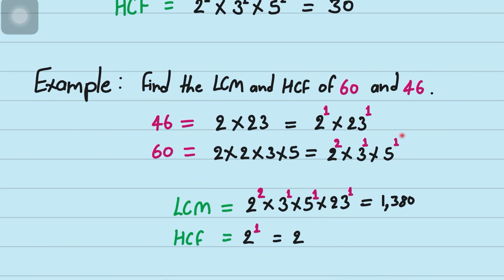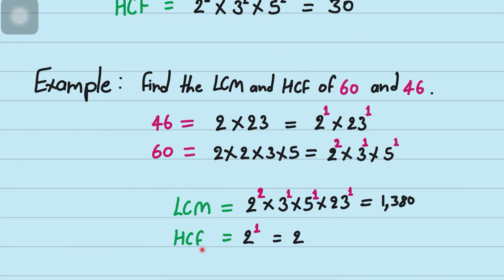And again, 23 to the power 1. So remember, when we take LCM, we take all the prime factors together with their highest power. Once you multiply them, you will get 1,386.